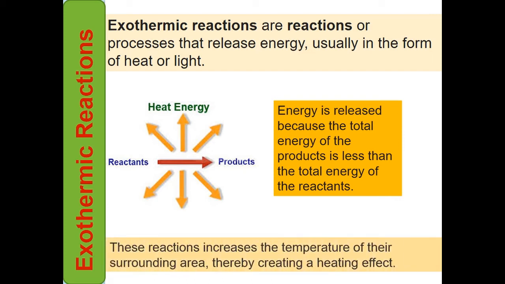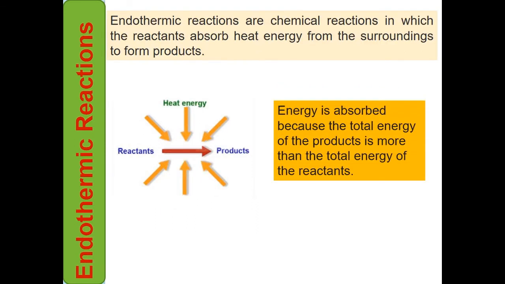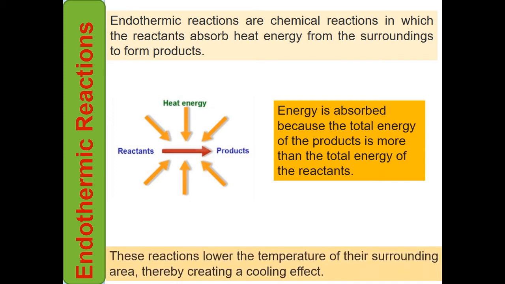These reactions increase the temperature of their surrounding area, thereby creating a heating effect. Whenever endothermic reactions take place, energy is absorbed because the total energy of the products is more than the total energy of the reactants. These reactions lower the temperature of their surrounding area, thereby creating a cooling effect.